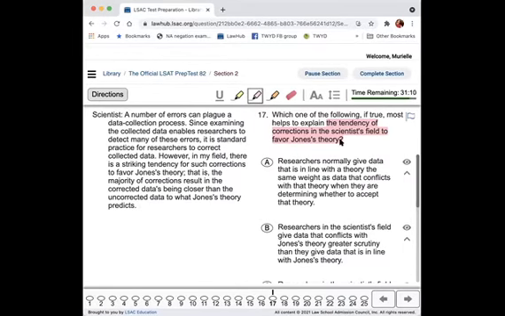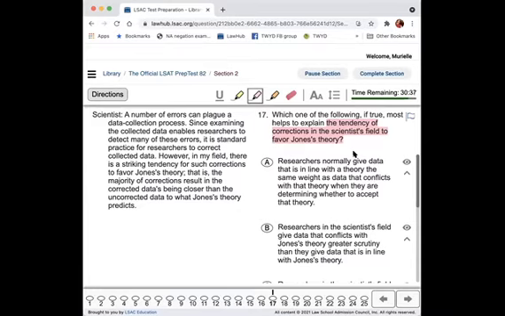Another thing that the question stem can tell me, within argument stimuli, some arguments are going to be flawed. Most arguments are going to be flawed, but sometimes the argument's not actually flawed. And so I don't really want to waste time on those ones searching for a flaw that doesn't exist. For example, the ones where I'm being asked to identify the conclusion, I don't need to search for a flaw.